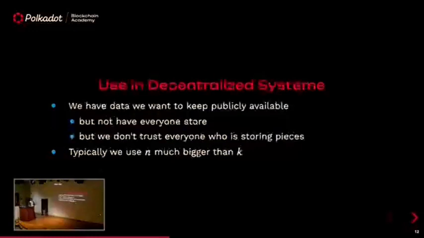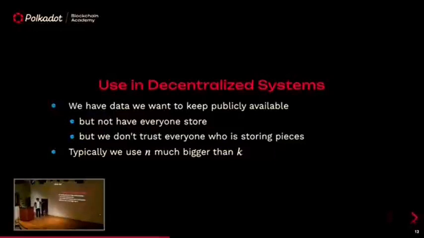In a decentralized system, we might have data that we want to keep publicly available. So let's say the block data for a blockchain. We want to keep it publicly available, but it's a little large. We don't want to send it to 100 different people and tell all of them, you have to store a full copy of this data. So this is kind of an efficiency gain if we use some error correcting codes.